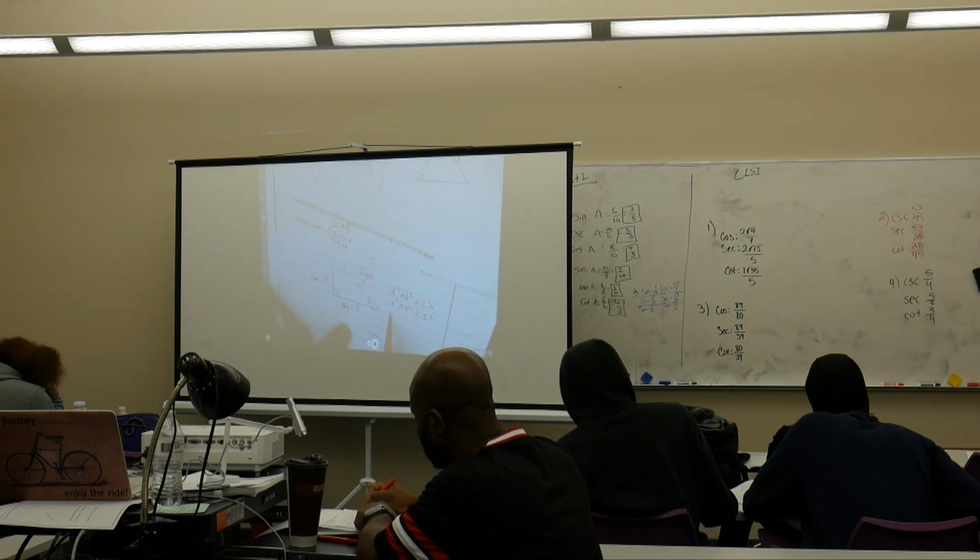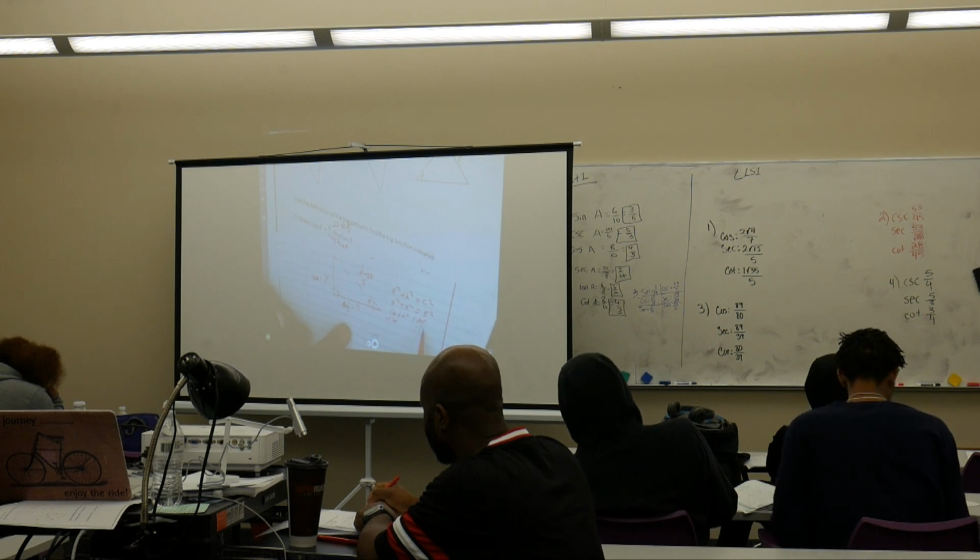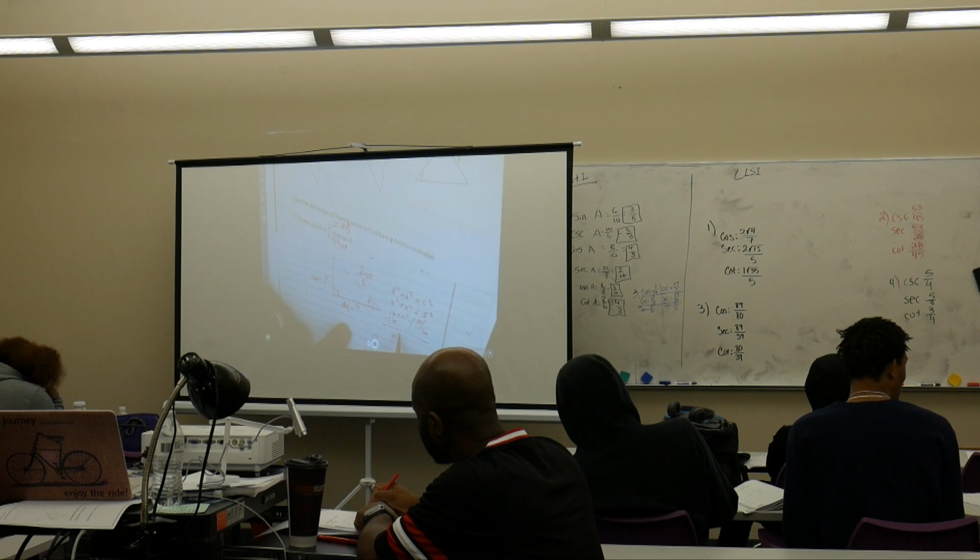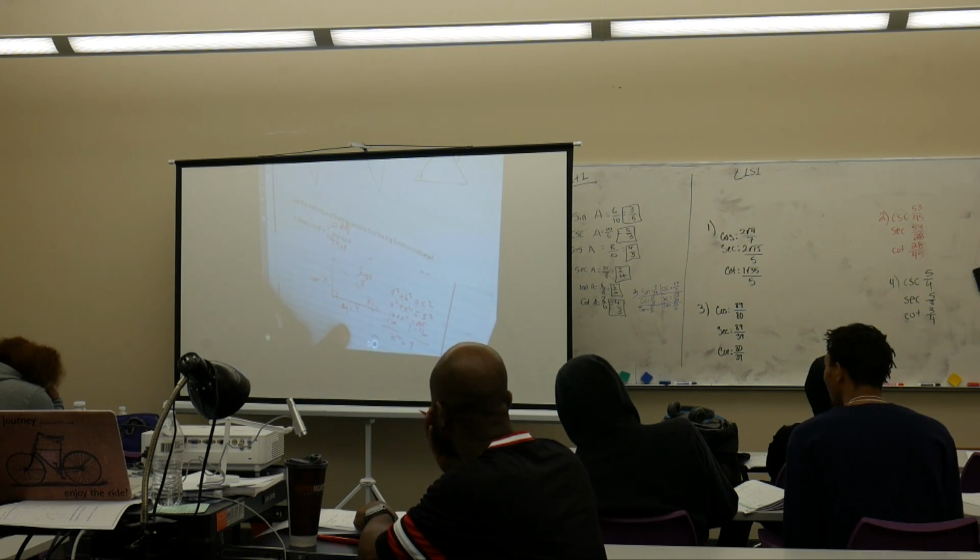So 16 plus x squared is 25. So we're going to minus 16 from both sides of this. x squared is equal to 9.